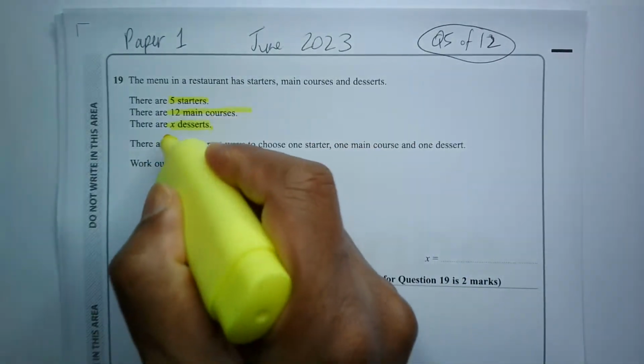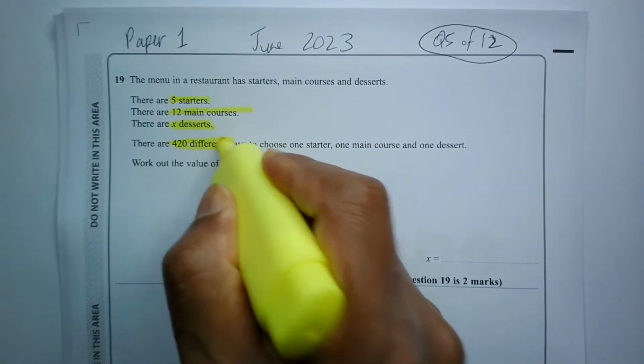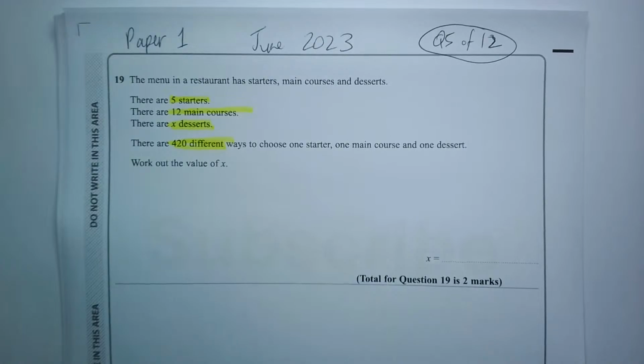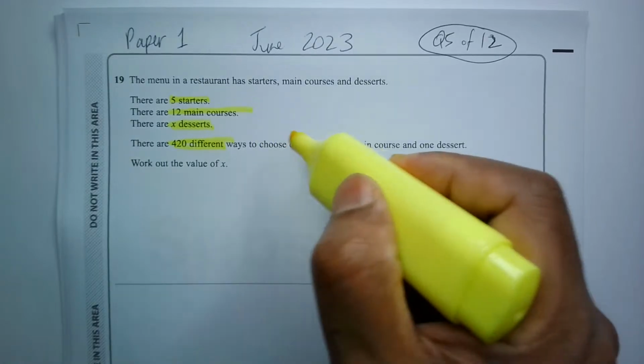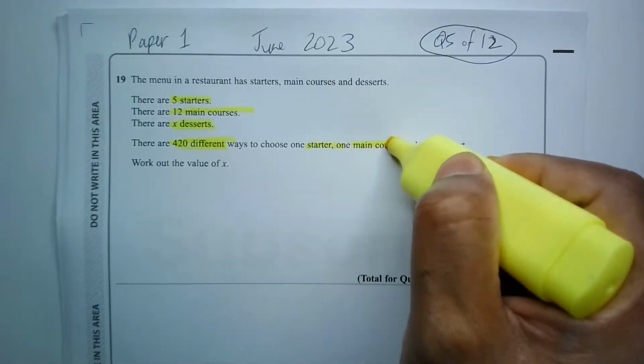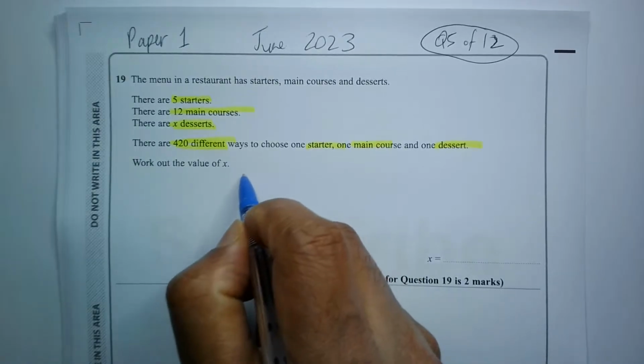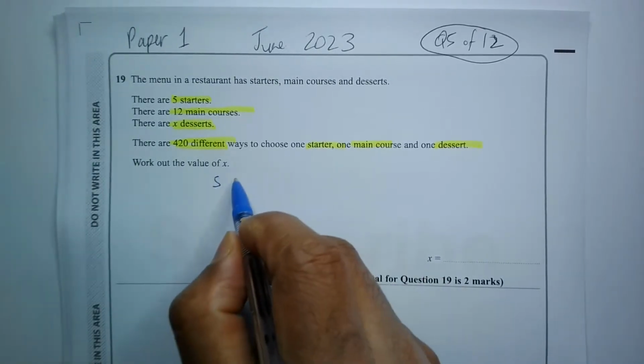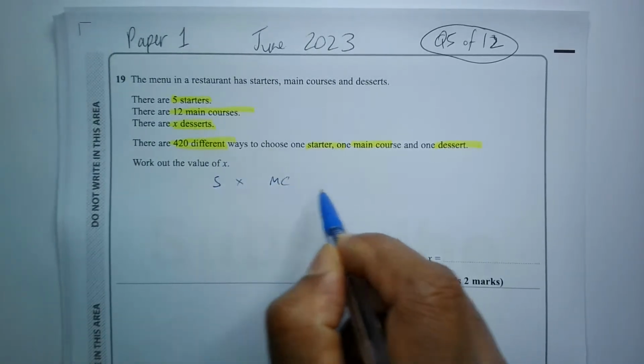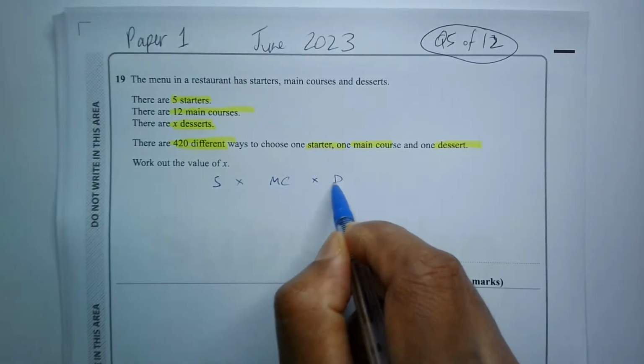We don't know what X is, but we are told there are 420 different ways. So you can see we have to choose 1 starter, main, and a dessert. And similar to the last question, we're given the answer. So we have a starter, a main course, and a dessert.